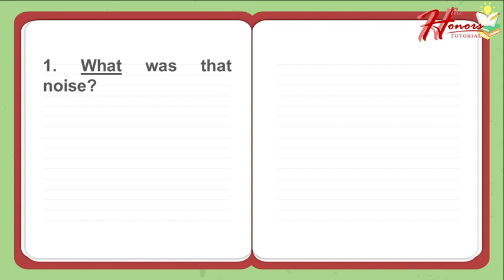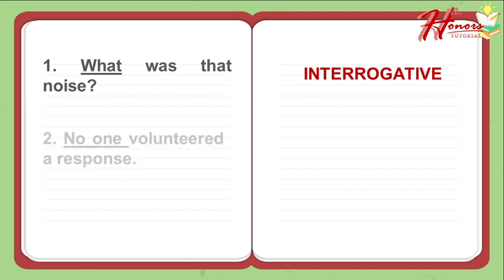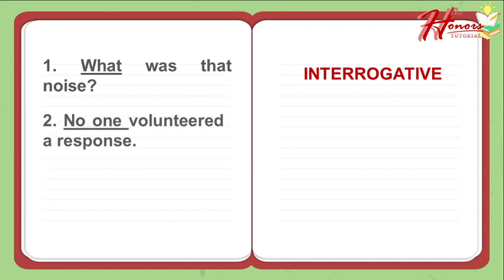Is it demonstrative, interrogative, or indefinite pronoun? Okay, very good. This is an interrogative pronoun. Second one, no one volunteered a response. The underlined word here is no one. And what type of pronoun is this? Okay, this is an indefinite pronoun.